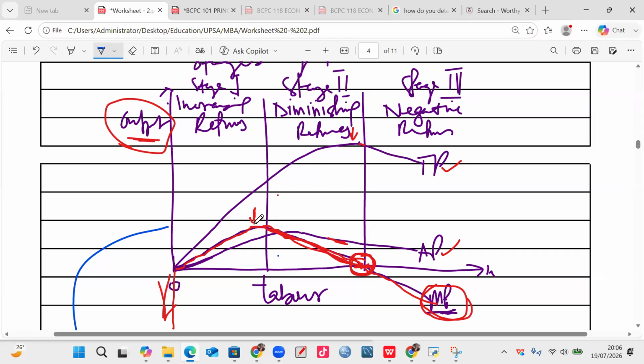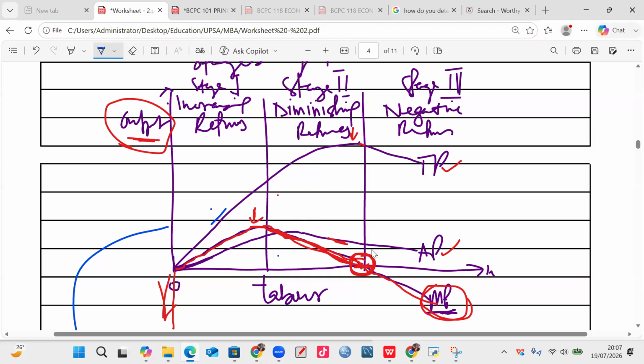So that's called the maximum. So in the first stage, all the 3 curves, this is the total product curve. The marginal product is the red one. The other last one is the AP curve. They are all increasing, but marginal product reaches maximum and begins to fall.